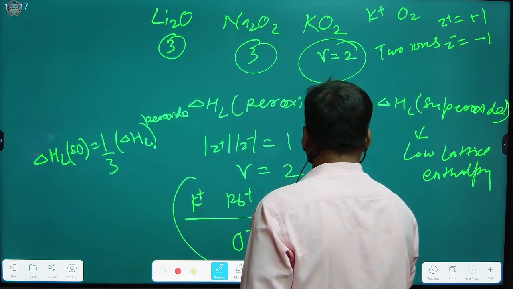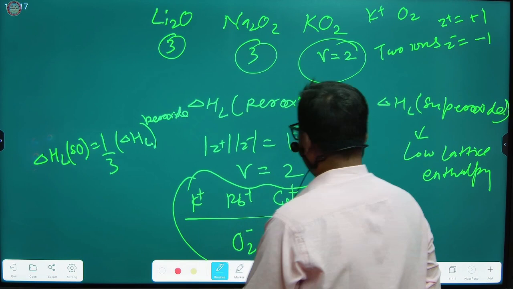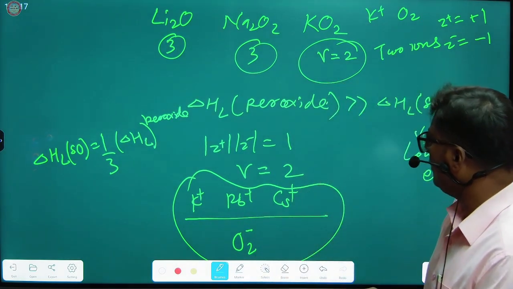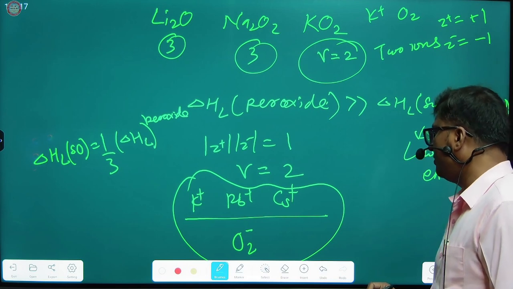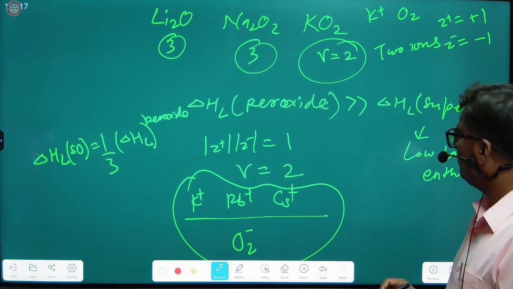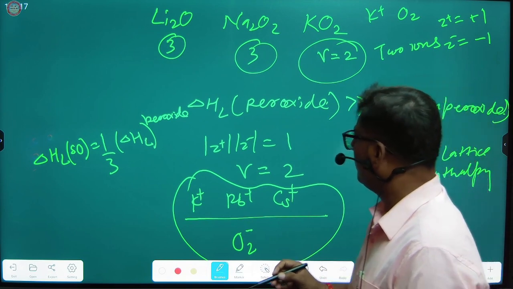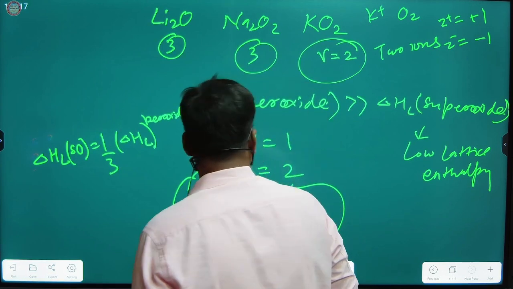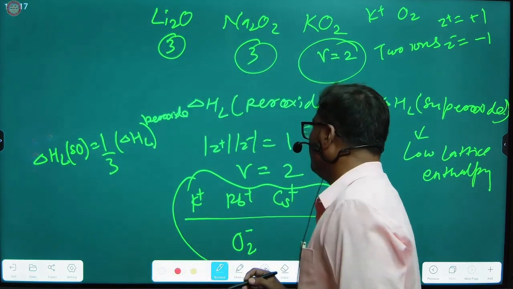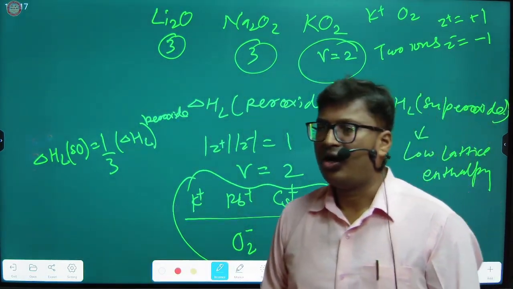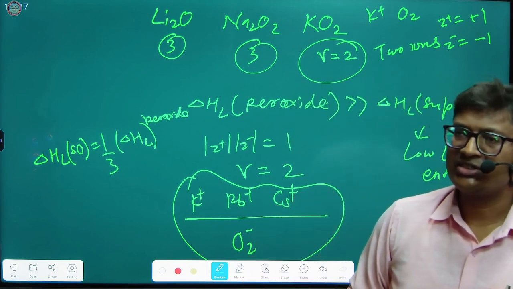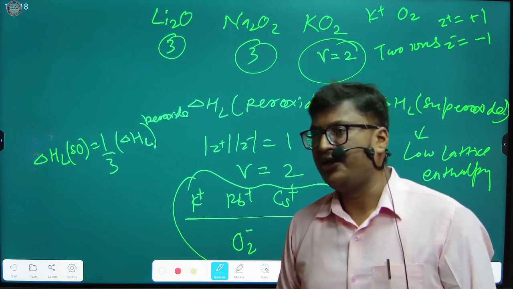So in this way, down the group, the alkali metals potassium, rubidium, and cesium form superoxides. Okay, thank you, friends, for listening to the chemistry of oxides, peroxides, and superoxides.